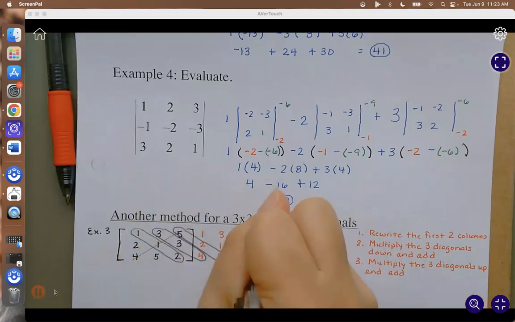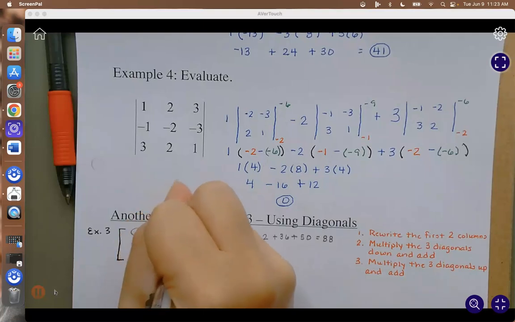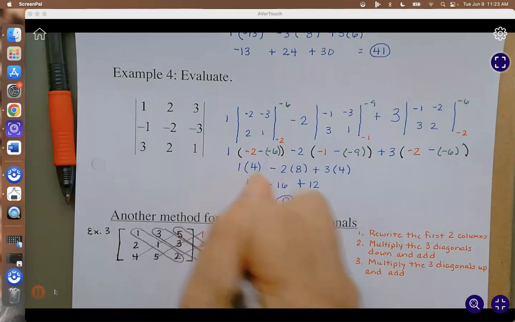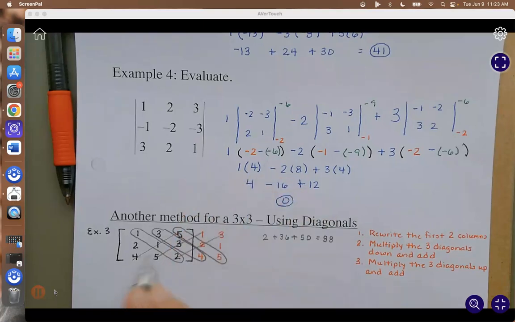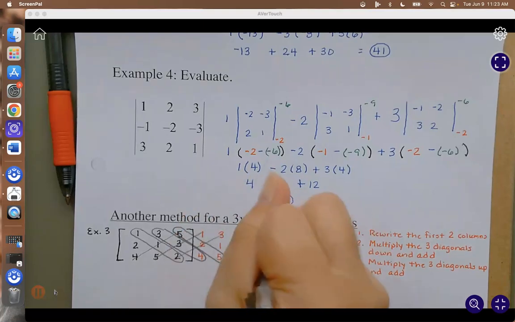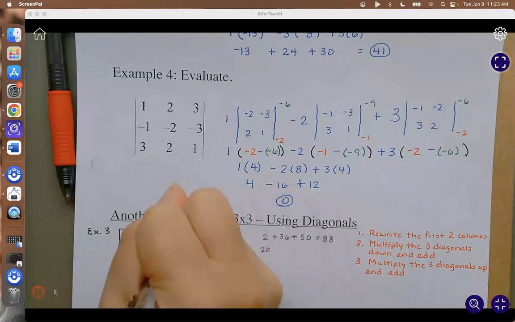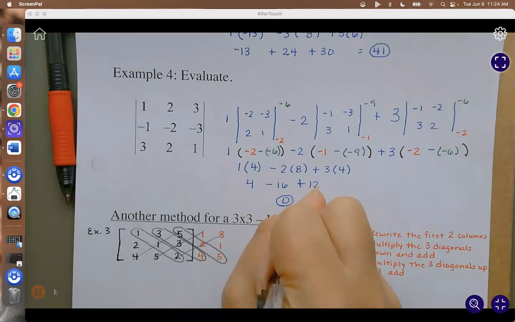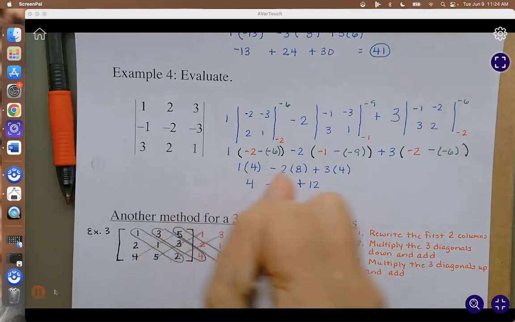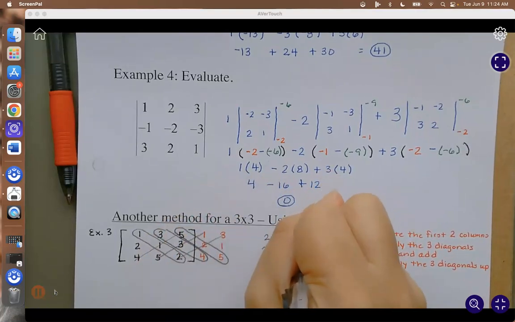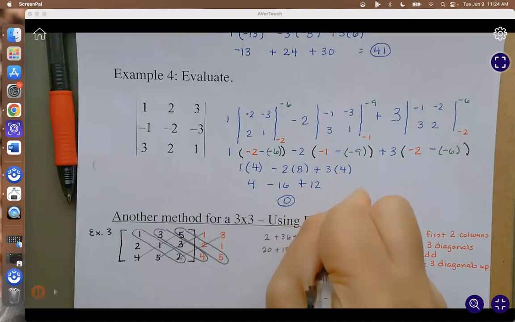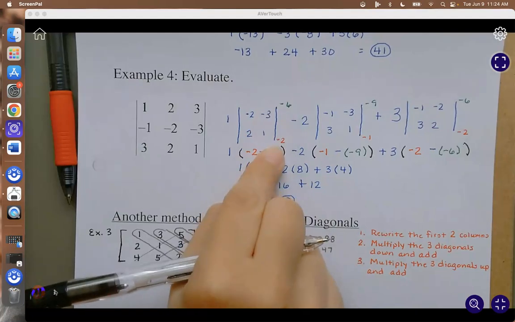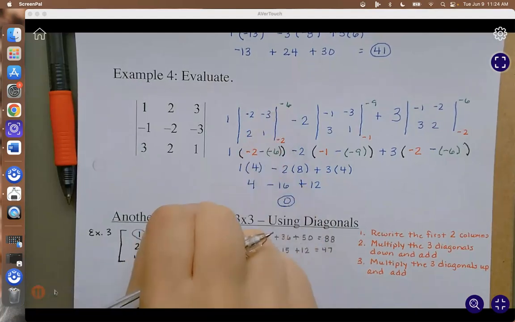So 4 times 1 times 5, 5 times 3 times 1, 2 times 2 times 3. So 4 times 1 times 5 is 20. 5 times 3 times 1 is 15. 2 times 2 times 3 is 12. And that's 47.